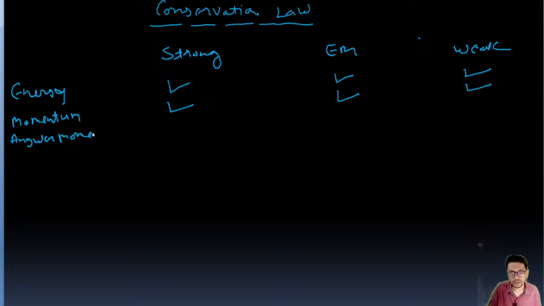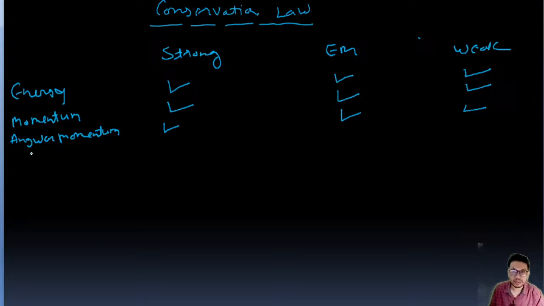I'll explain. Angular momentum should be conserved for strong interaction, weak interaction, and electromagnetic interaction.